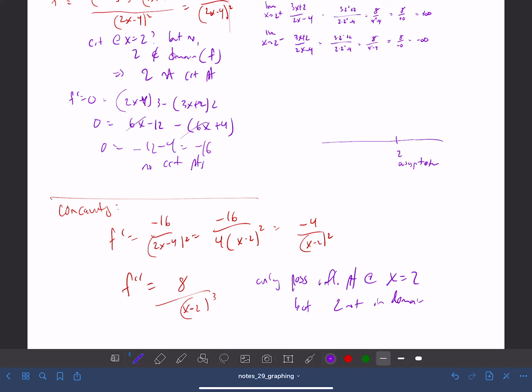So I just need to know the sign of f prime to the left of 2 at 0. So if I plug in 0 to f prime, I have minus 4 over minus 2 squared. That's less than 0. So it's decreasing.